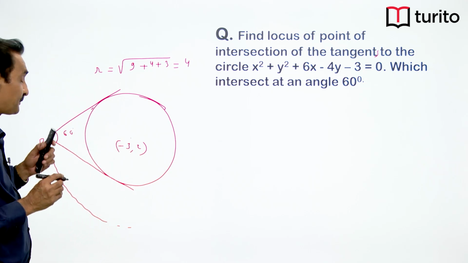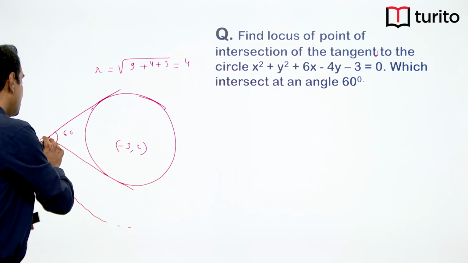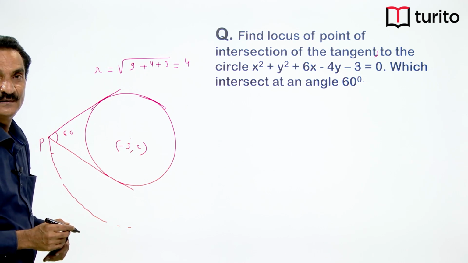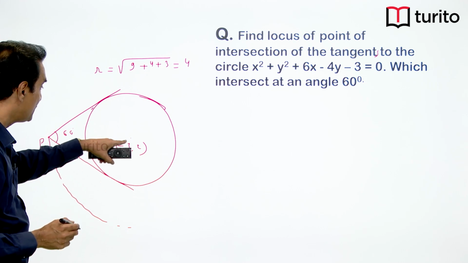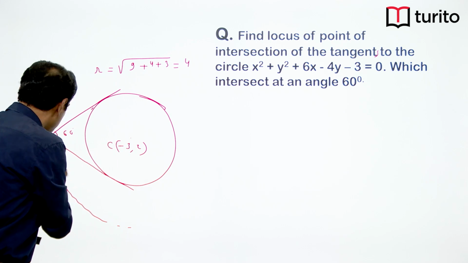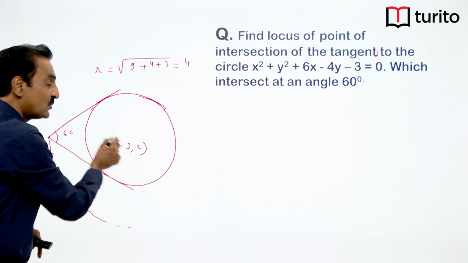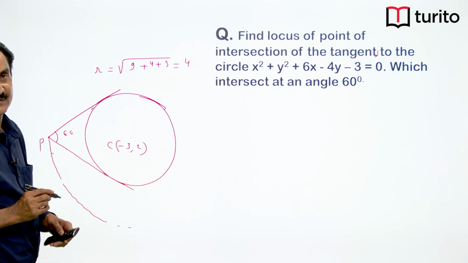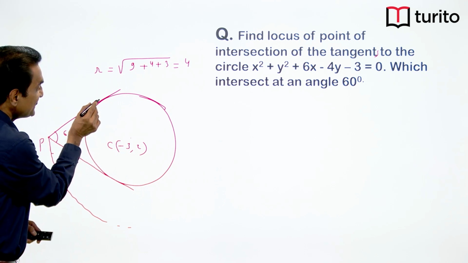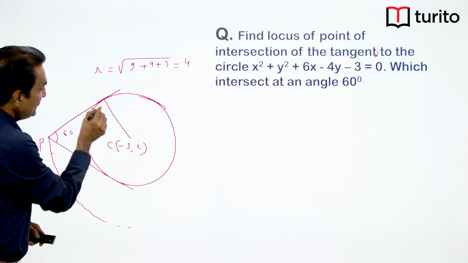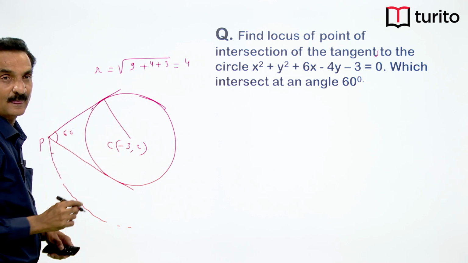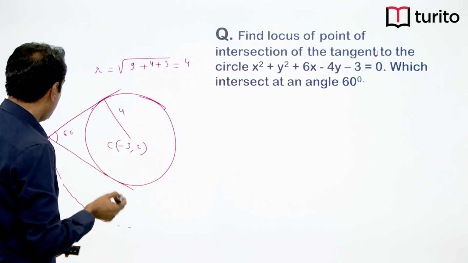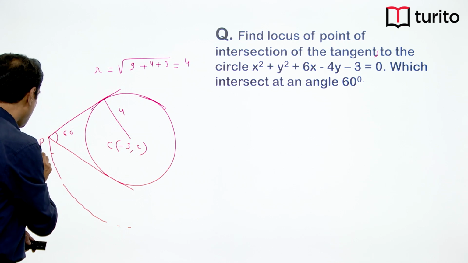Now, what is the radius of the circle? We got to know that center of this locus is going to be the same center, minus 3 comma 2. Now, I want radius. For getting radius, you join this and this. What is the radius of this given circle? 4. And what is P?